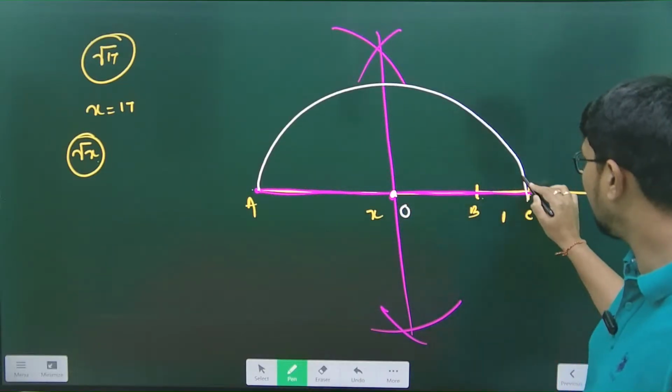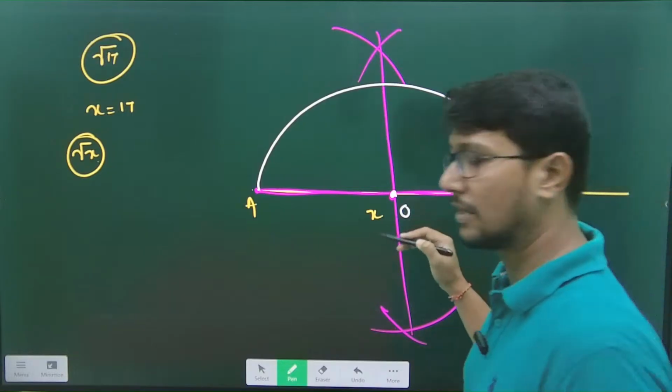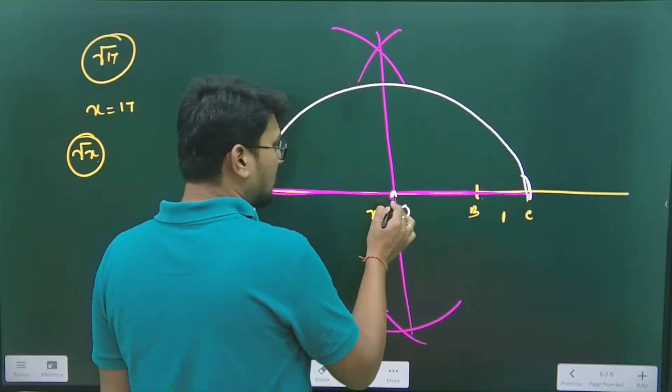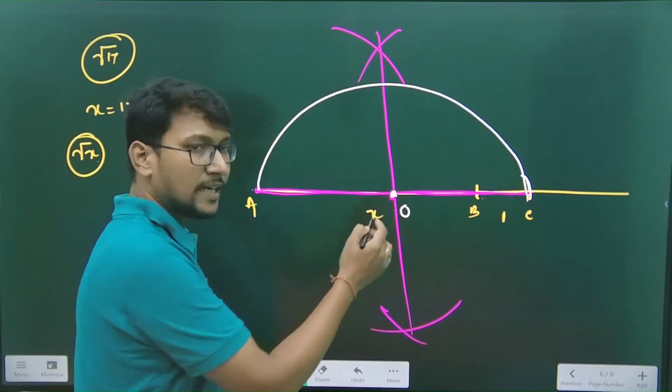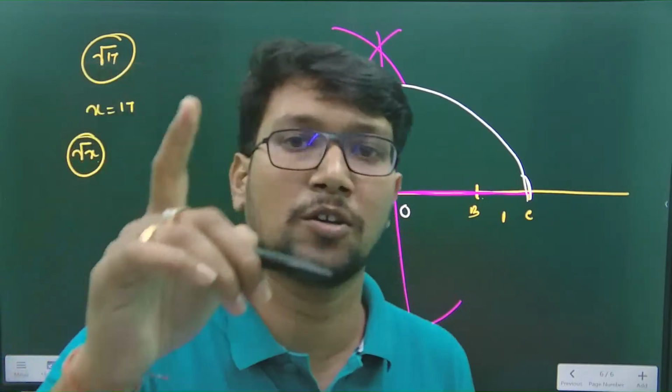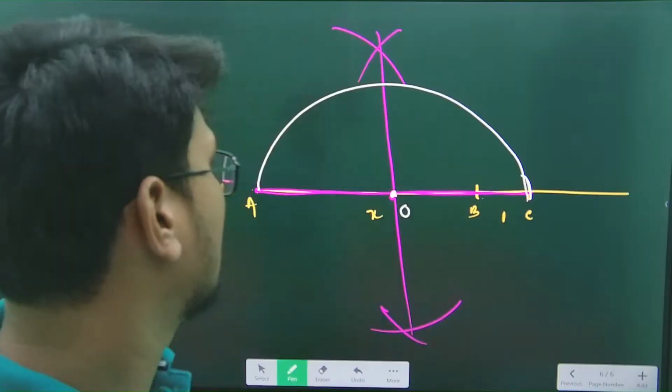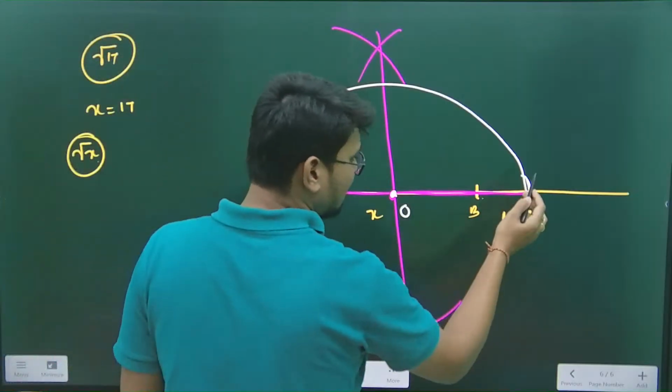Which will meet also C. You'll ask me why? Because O is the midpoint of AC. So when you'll take O center, OA radius, whenever you draw a semicircle, so that will also pass through C.